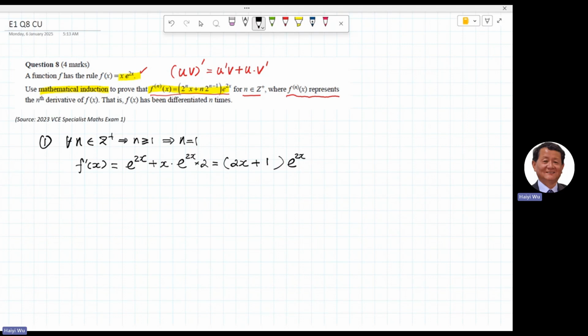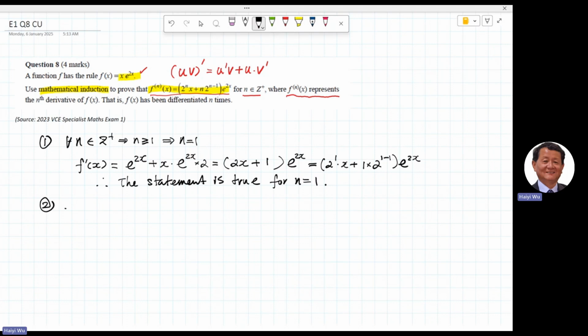This is the same as the statement, which says 2 to the power 1 times x plus 1 times 2 to the power of 1 minus 1, e to the power 2x. So that's true. Therefore the statement is true for n equal to 1. So we proved that.